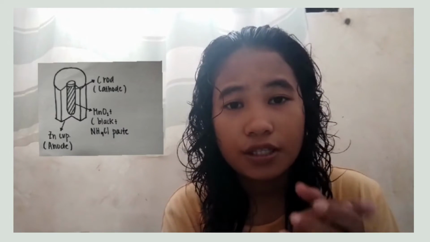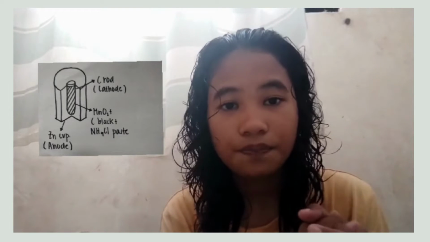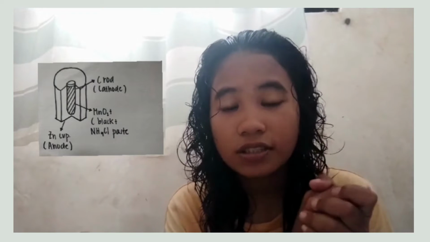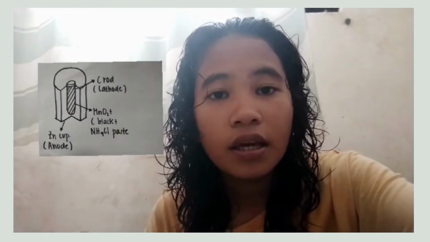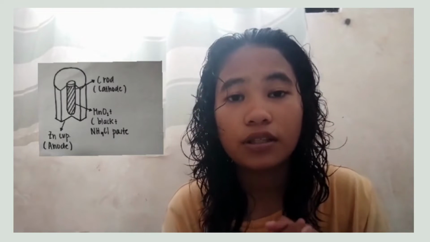This cup, or the zinc container or the zinc cylinder, acts as the anode. Do you see two sides of this battery? There is one flat and there is one which has a little knob on the top.